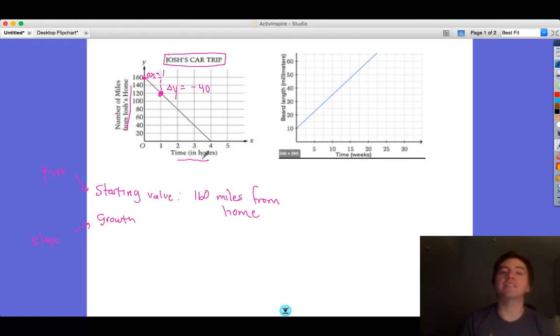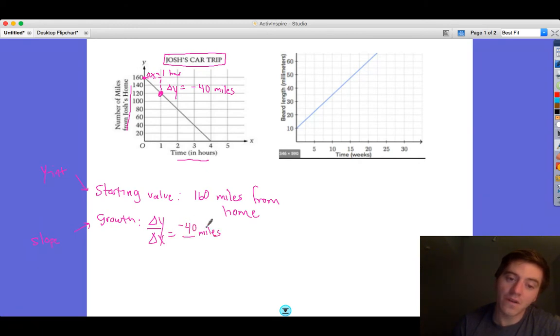Let's give these some units: time in hours, so that was 1 hour, and miles from home, so 40 miles. The slope, change in y over change in x, is negative 40 miles over 1 hour. When we divide that, we get negative 40 miles per hour, MPH.